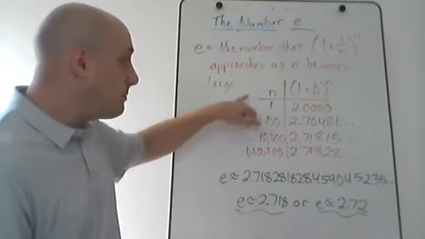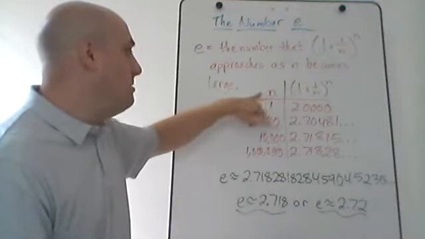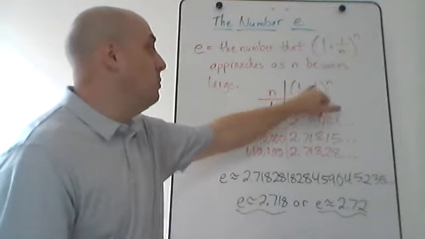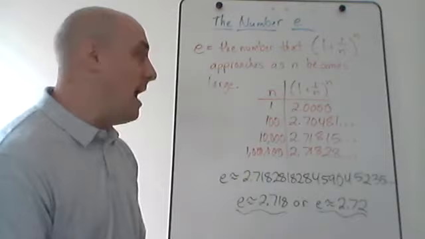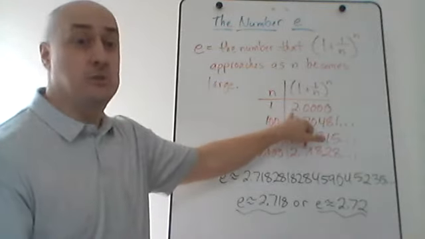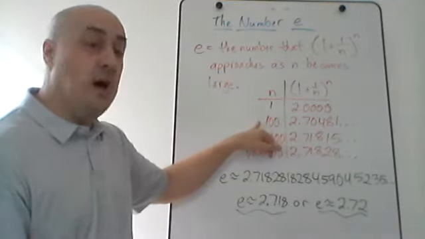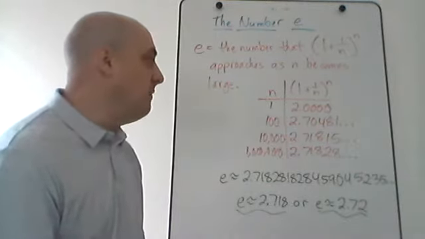Here's a table of values just to show you what I was talking about. The values of n, and then the value of the expression (1 + 1/n)^n. If I plug in n equals 1, I just get 2, the whole number 2. If I plug in n equals 100, I get 2.70481.